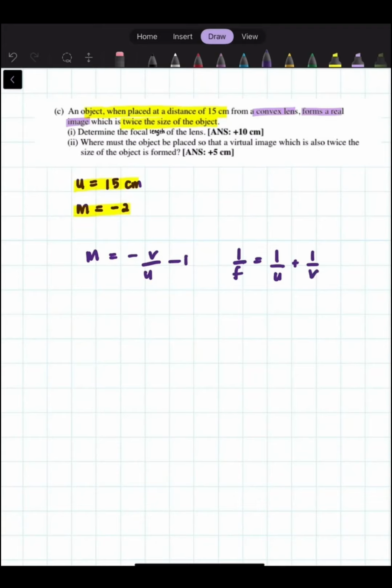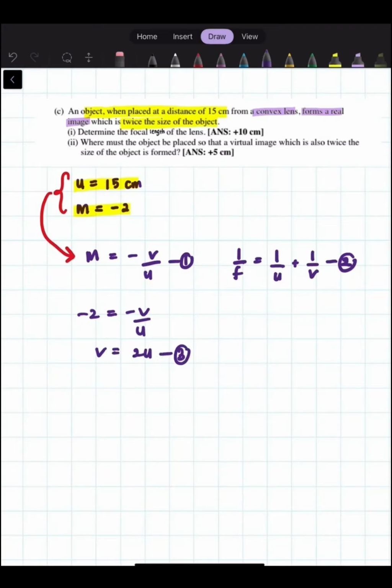So this is our first equation, this is our second equation. So now we can plug in our numbers. We write that back down. Plug in our numbers on to the first equation and rearrange to get v. So that's our third equation.